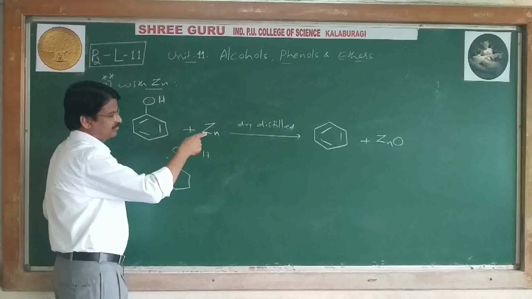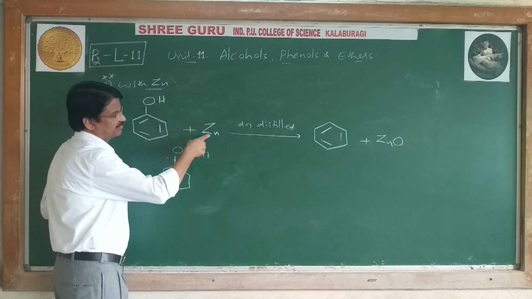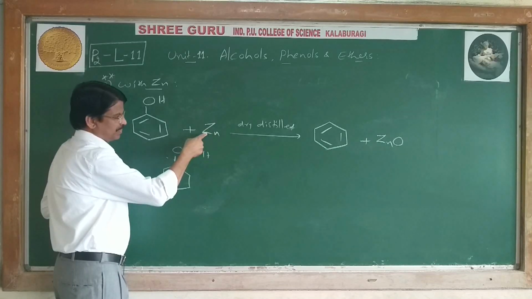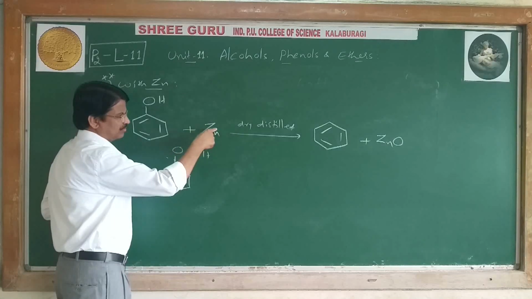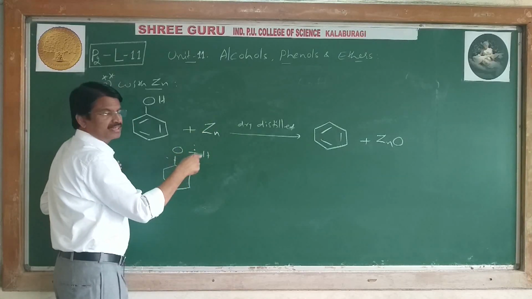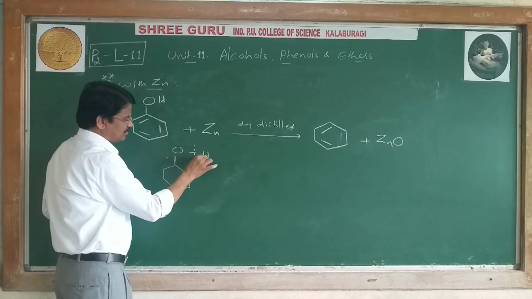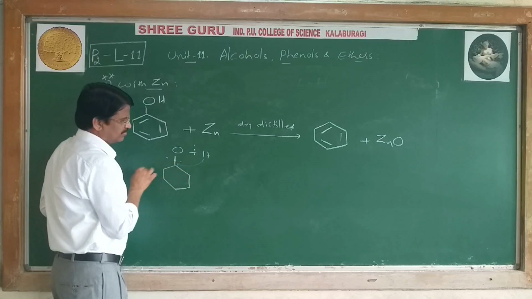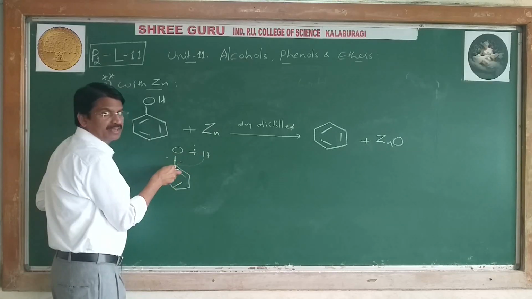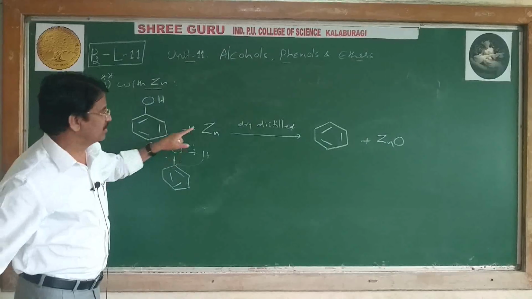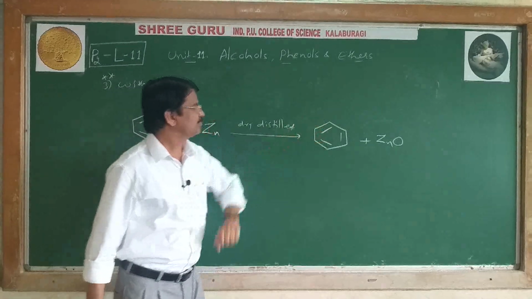Because of zinc, it can cause radical formation, and zinc adds to O, forming ZnO, and the H goes to the ring. Then we get the compound benzene. So consider there is an H here, it is benzene.